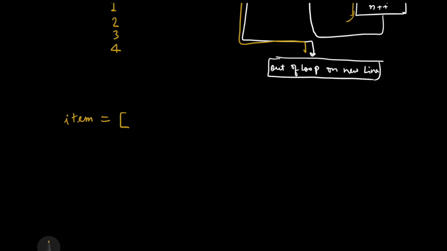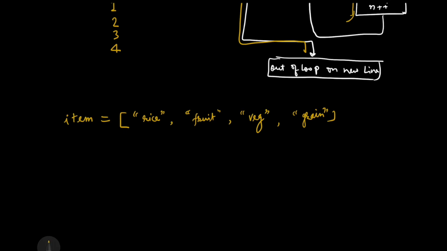I will tell you in a subsequent video what a list is, but for now understand it has some strings: rice, fruit, vegetables, grain. So these things are in the list.